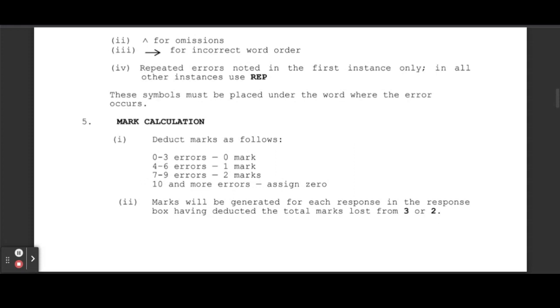You just get 1 mark. That's how it works. So essentially, I would say minimize your errors. Also, the longer your sentence, the more opportunities there are for errors. Because if you have a 5 or 6 word sentence, again, depending on context, depending on appropriateness, you're definitely not going to hit that error threshold.